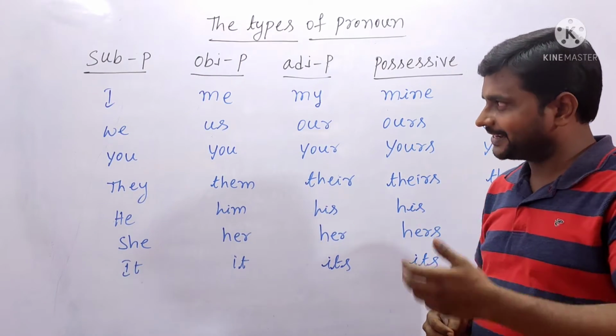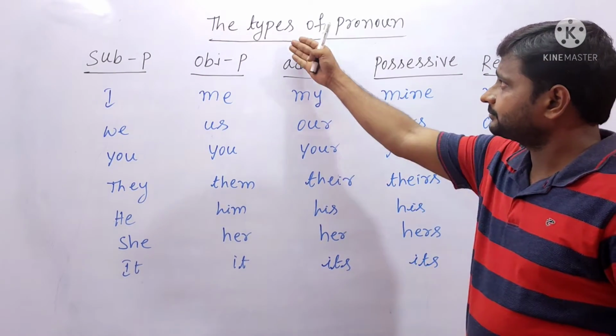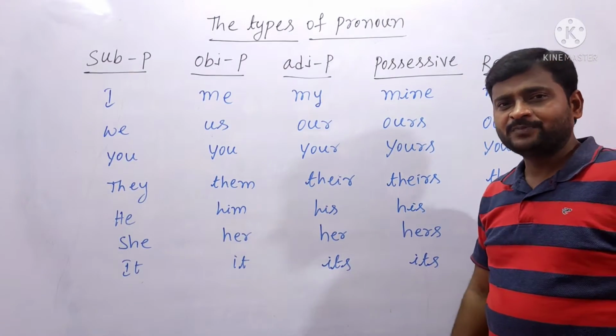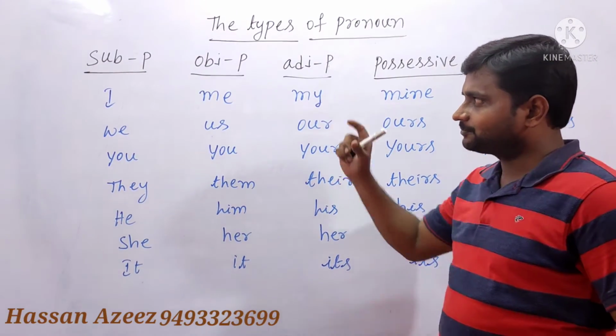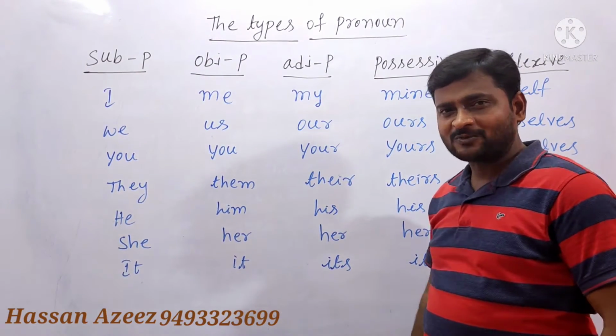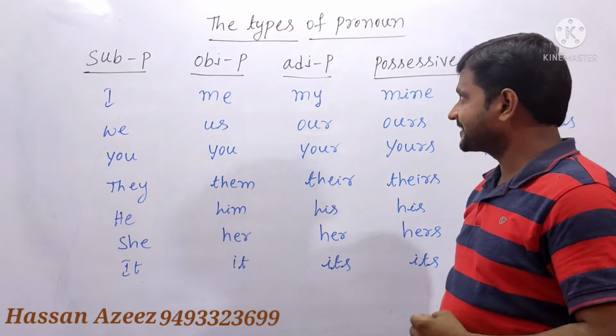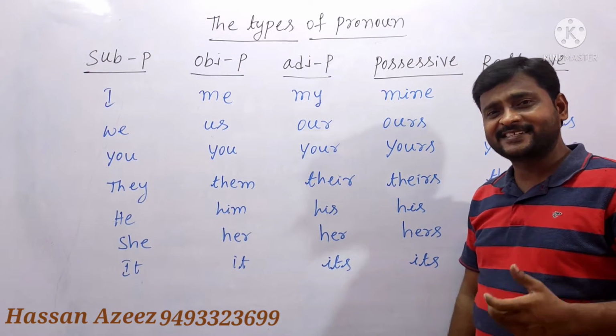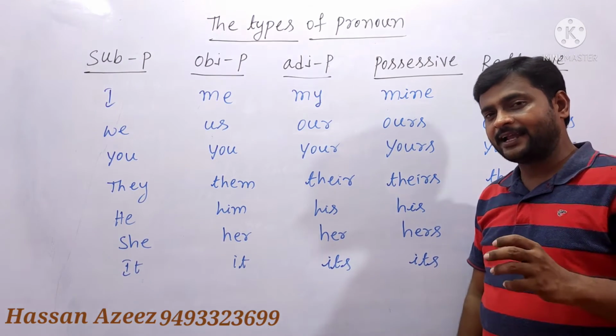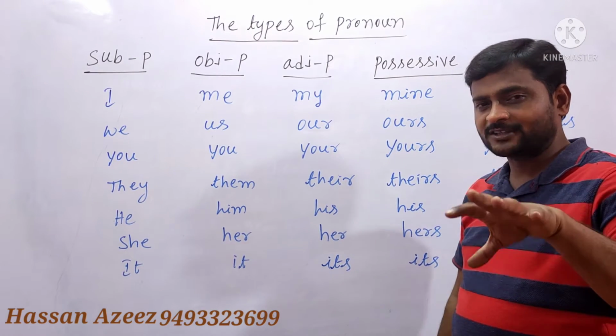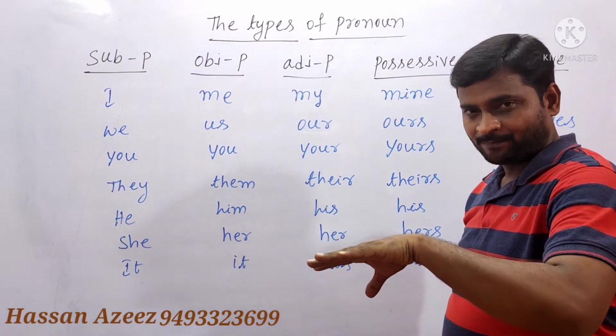Okay, dear friends, now let us proceed. Here, as you see the topic, the types of pronouns: subjective pronoun, objective pronoun, adjective pronoun, possessive pronoun, and reflexive pronoun. I gave you the five levels.